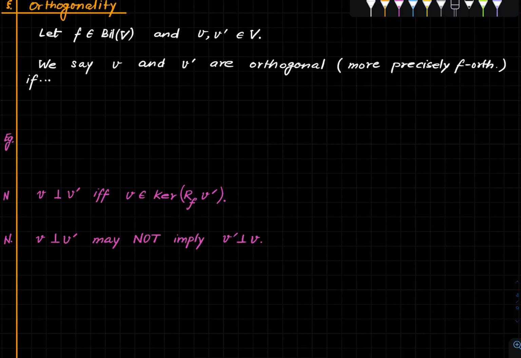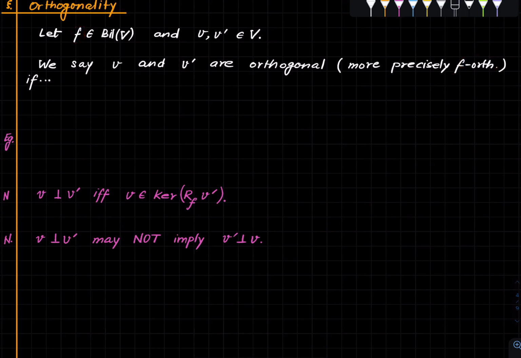So now this is the main concept of this lecture. Suppose F is a bilinear form and we have two vectors V and V prime in the vector space. Then we say that V and V prime are orthogonal, and in this order, the ordering matters. V and V prime are orthogonal, or more precisely, orthogonal with respect to F. When we are dealing with a fixed bilinear form, there is no confusion.